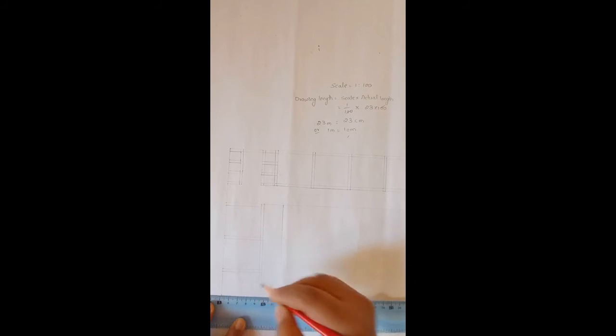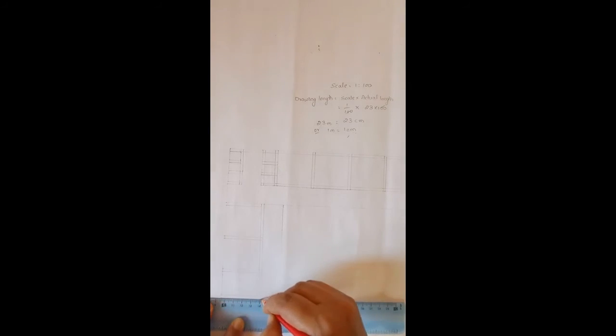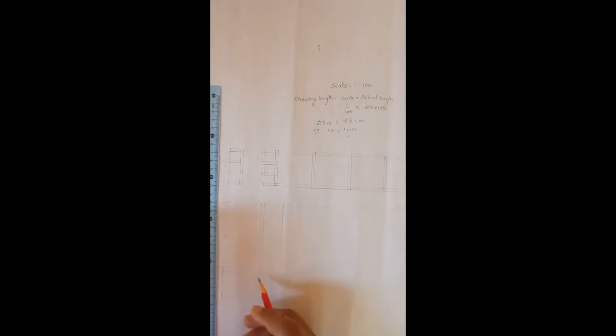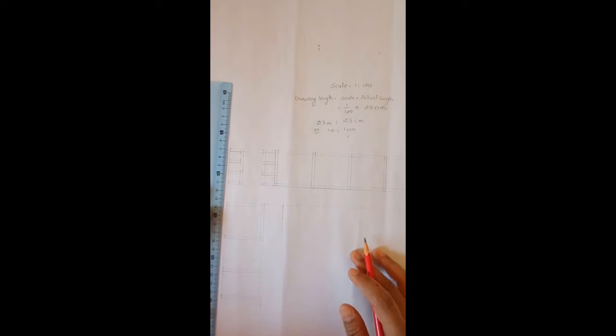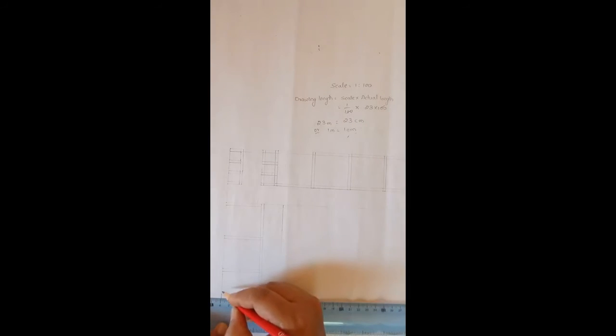Mark it here, this is 2.8, and just give the wall thickness, 1 2 3 meter. Just draw another line here. That is 0.3 meter wall thickness, 1 2 3.